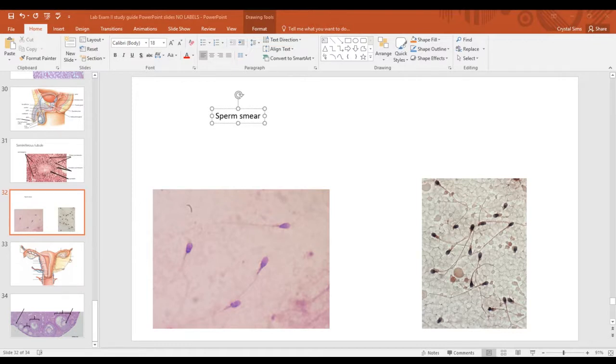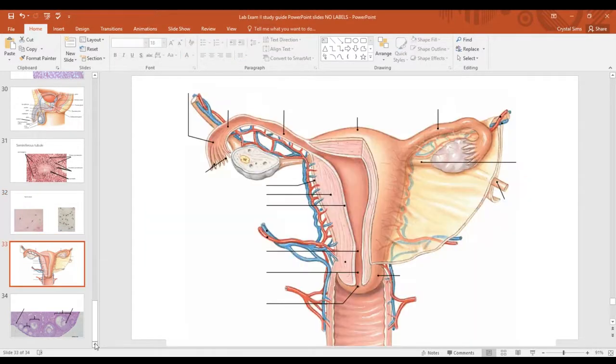Okay, so now I'm going to be working my way in. If I start over on the right side, I'm going to have my primary spermatocytes first.